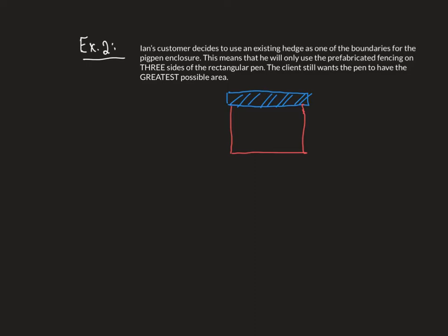So if you draw another table, try different widths, different lengths, you're going to find after playing around a bit that the greatest area came from when you had 8 times 16, which would give you 128 meters squared. What's the relationship here? Well, 16 is half of your perimeter.